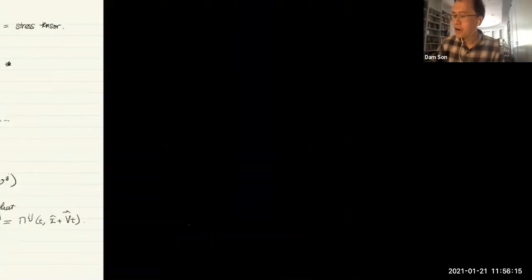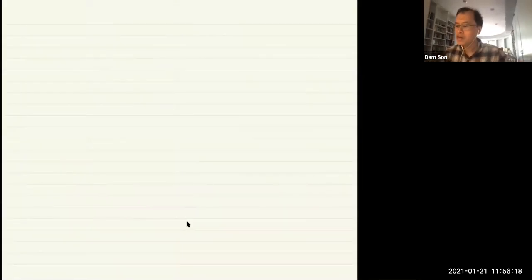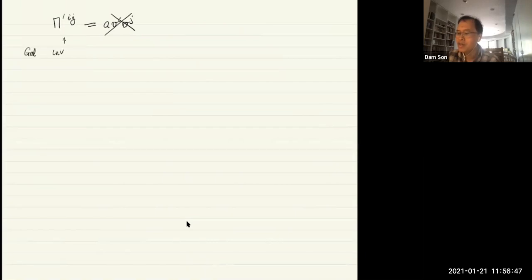In particular, this pi prime now has a very restricted structure. This pi prime ij, if I have just a tensor, right, I would be free to write in the constitutive relation for pi ij prime something like a vi vj. But this is forbidden because we know that pi prime ij is invariant under Galilean boost, Galilean invariant. The only thing that we can write is something times delta ij.